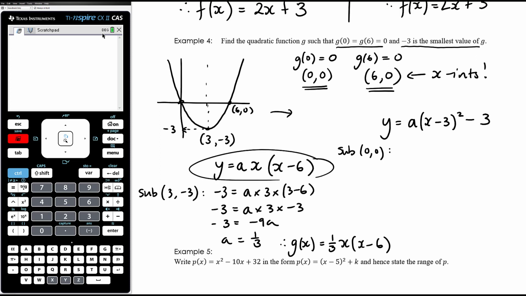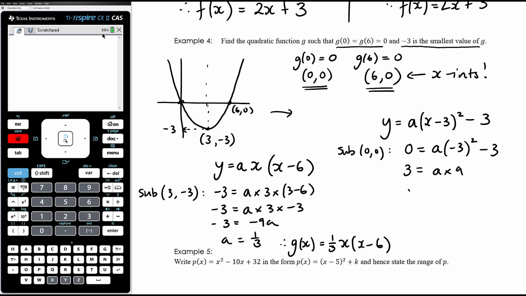Similarly, in this form, we used the two x-intercepts to come up with that general form, so we can't use either of those to sub in to find a. We have to use the turning point. So I could either sub (0, 0) or (6, 0). (0, 0) looks a bit easier to me. So it's a times (-3) squared minus 3. I'm going to add 3. A times 9. And so a is 3 on 9, which is 1/3.